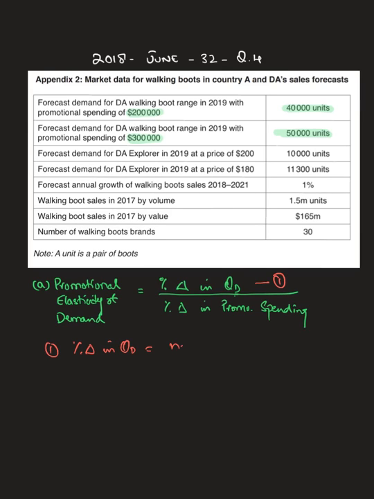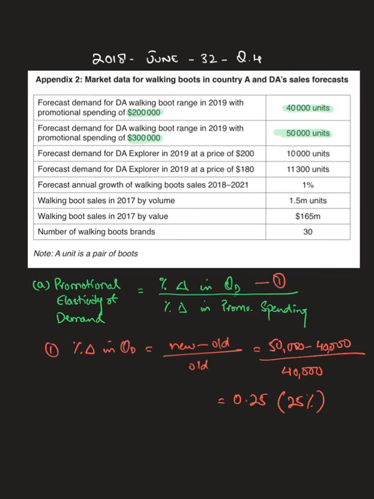You take the formula new minus old divided by old, right? So the new one is 50,000 minus old 40,000, divided by old 40,000. If you solve this, it becomes 0.25 or 25%.